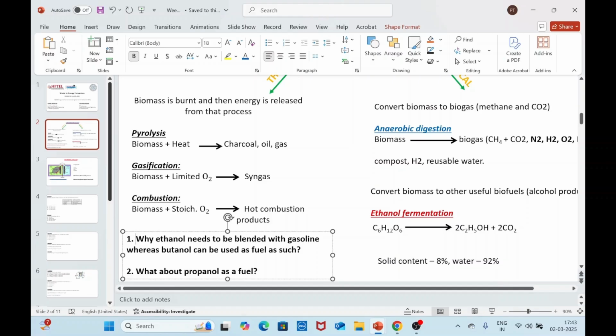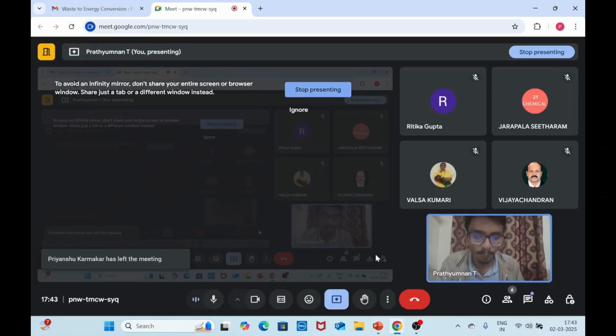So let this be a question for others. Let others also check, and let's discuss this in the next class. I'm going to mark it here. You say that propanol is used in the Indian oils, right?